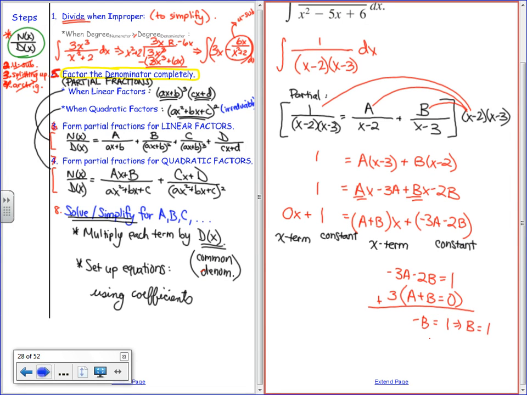Oh, negative 2 plus 3, my bad. Positive 1. B equals 1. Because A plus B is 0, so then if B equals 1, then A has to equal negative 1.